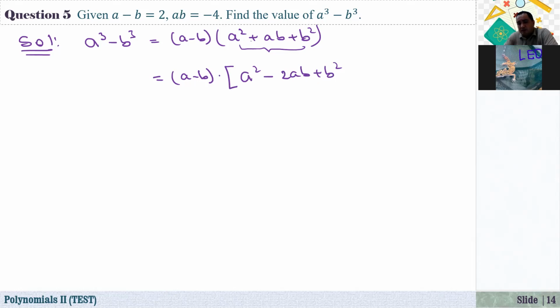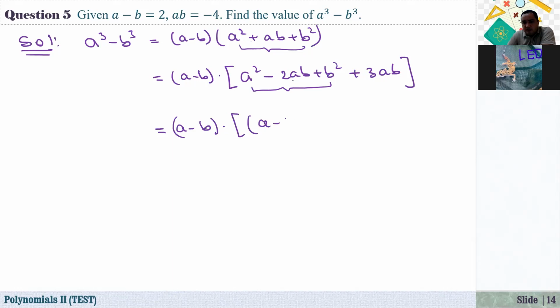So minus 3ab plus ab is minus 2ab, and plus here we have 3ab. And see here, minus 2ab plus 3ab is equal to just ab. Now, what is this? It's just a perfect square, right? So now we can write it as a minus b times a minus b squared plus 3ab.